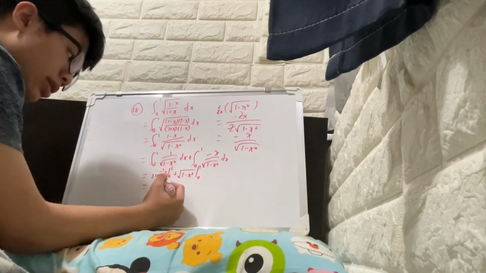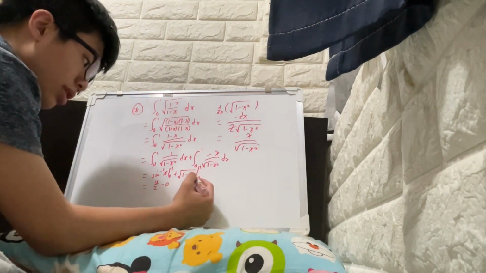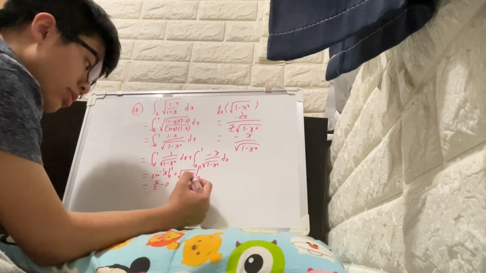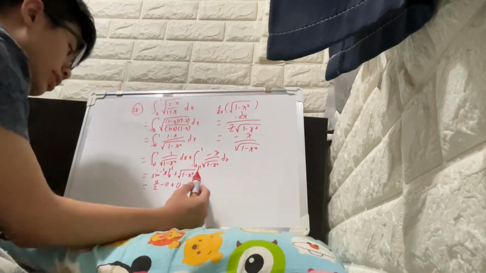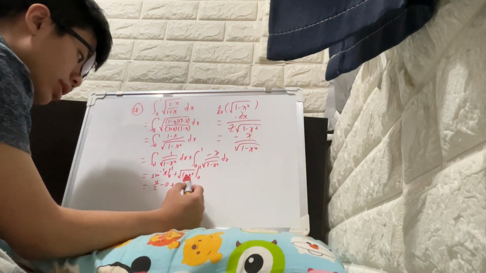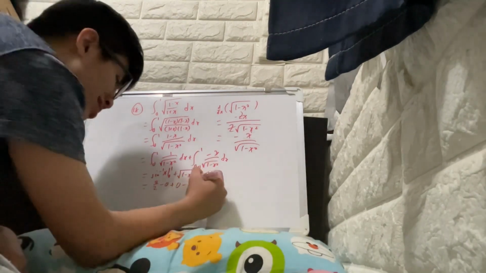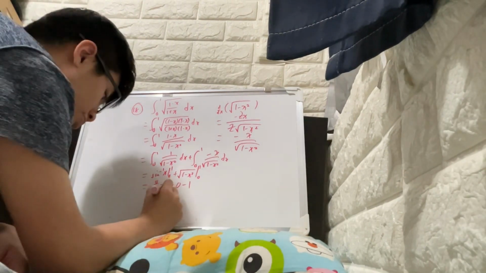Minus inverse sine of 0 is 0. And then put 1 into it. 1 minus 1 squared, you get 0 here, plus 0, and then subtract another. Put 0 into it, you get what? 1. Square root of 1 is 1. So our final answer is really cool, pi over 2.